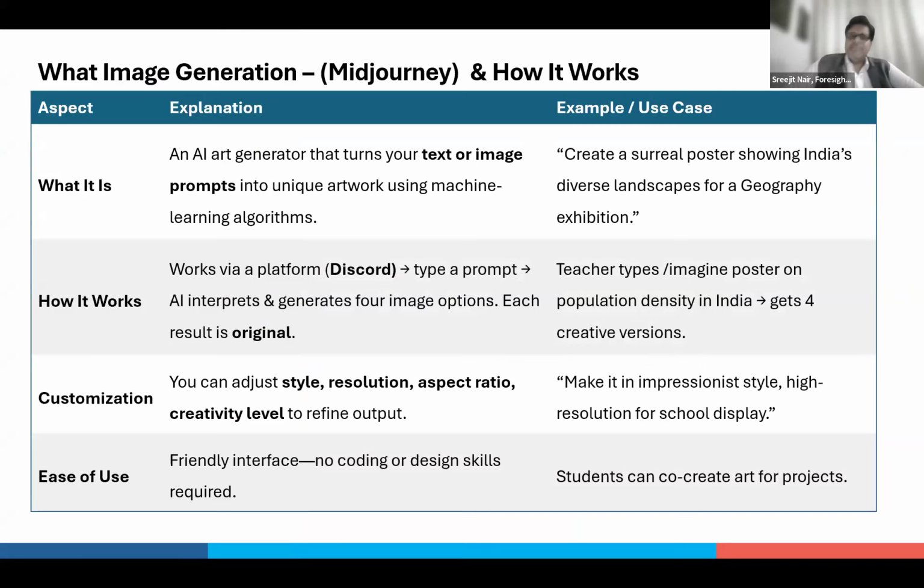So what exactly is AI image generation? It's an art generator that turns text or image prompts into unique artworks. How it does it is that it uses the text interface. Tokenization is something that happens, and using those particular tokens it further creates that neural aspect.